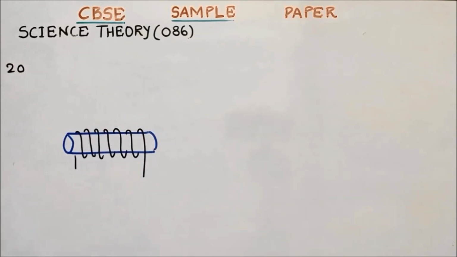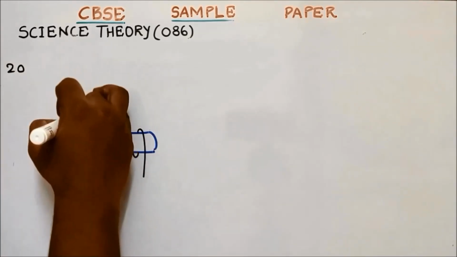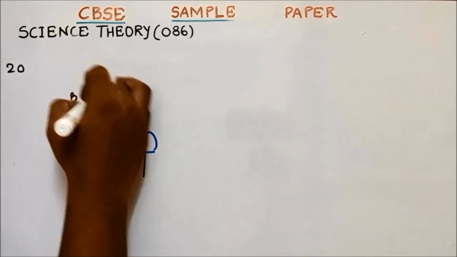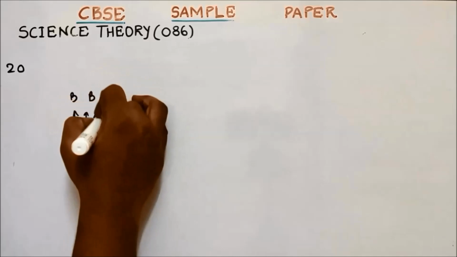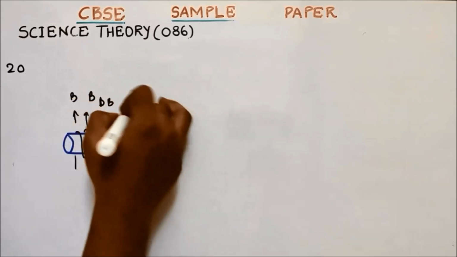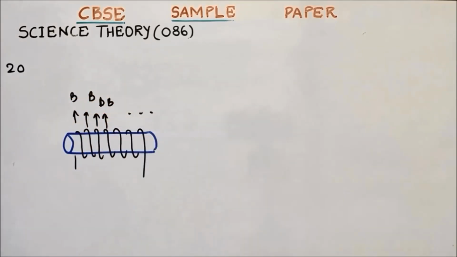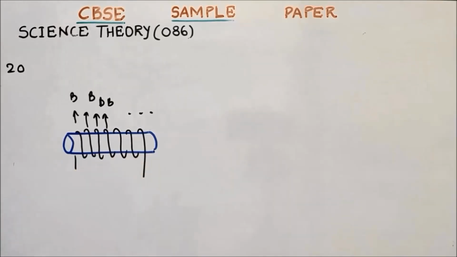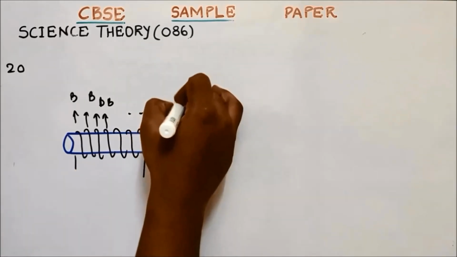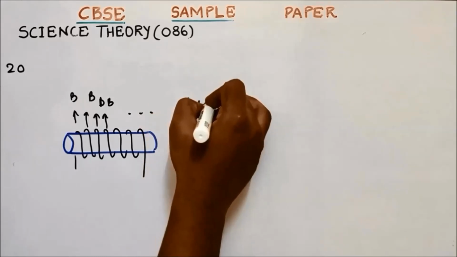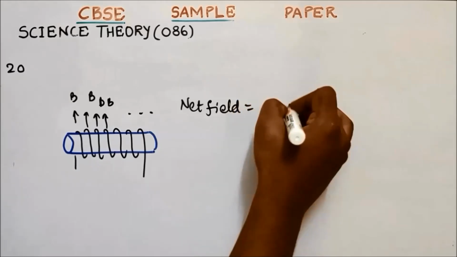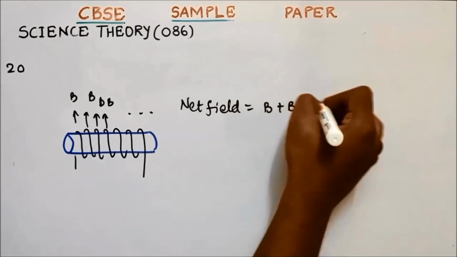So let us assume the magnetic field created because of turn 1 is B, turn 2 is B, turn 3 is B, turn 4 is B, and so on. So what is the net effect of each magnetic field? According to superposition, the net magnetic field will be the summation of each individual field.